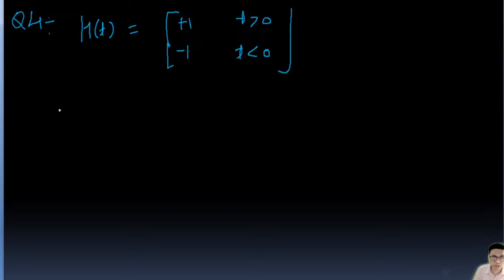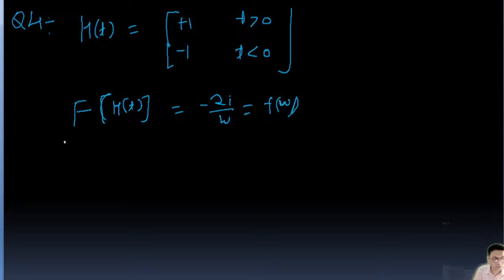This is given, and the Fourier transform of h(t) is given, that is minus 2i upon omega, that is F(omega).